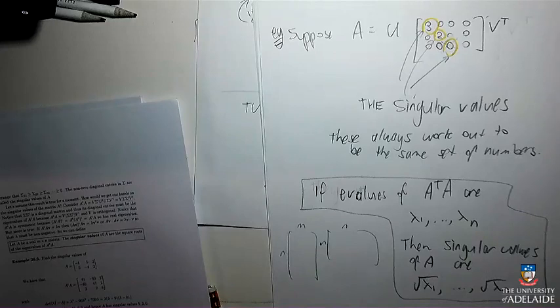So A transpose A is an n by n matrix. It has n eigenvalues. So the singular values will be the square roots of those.